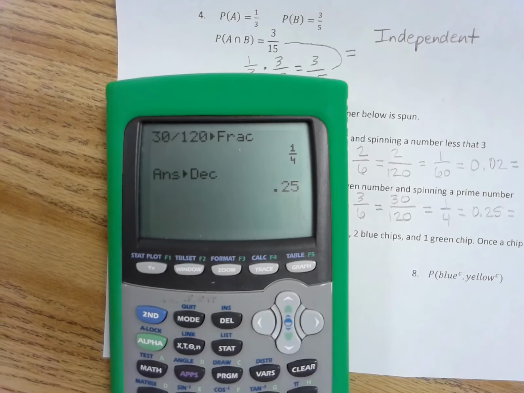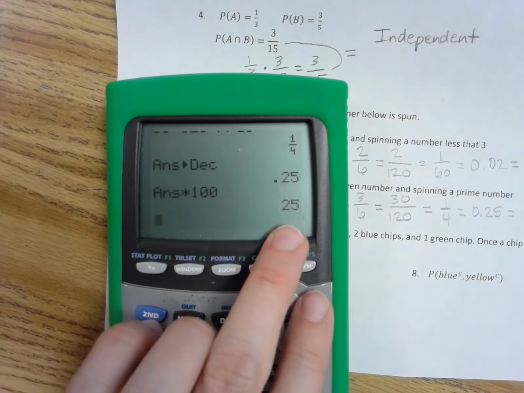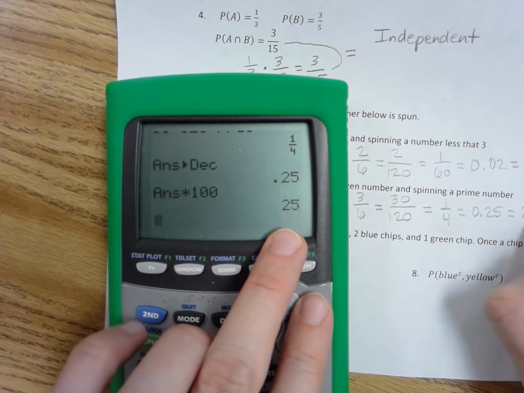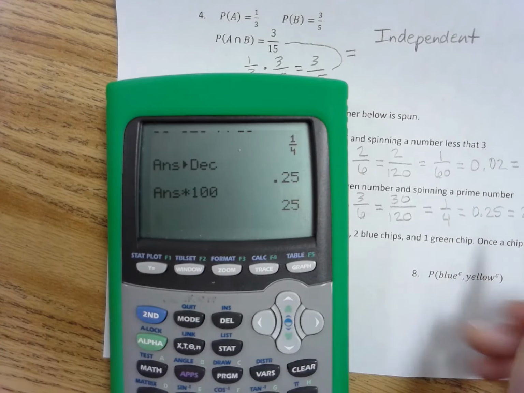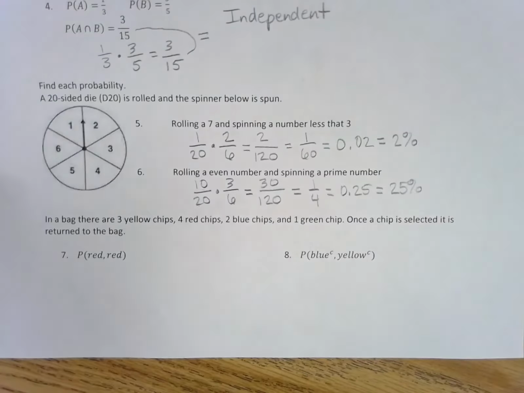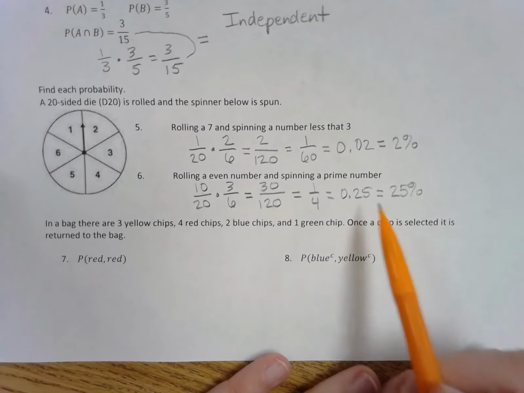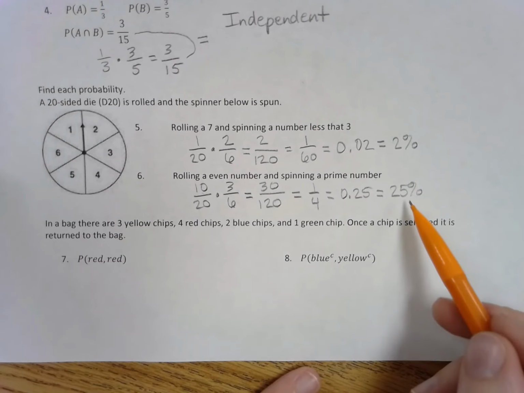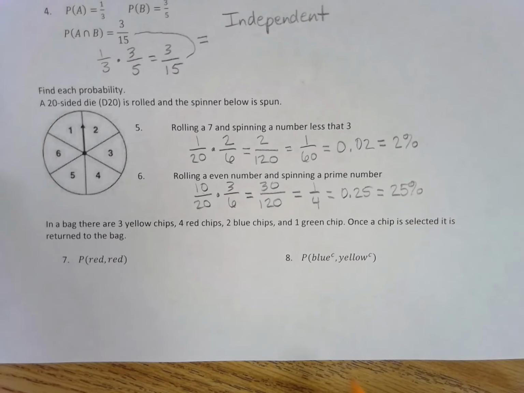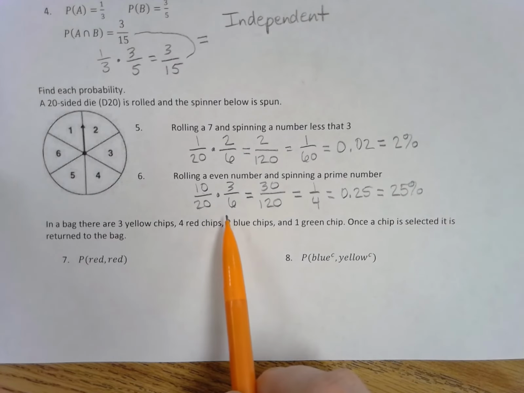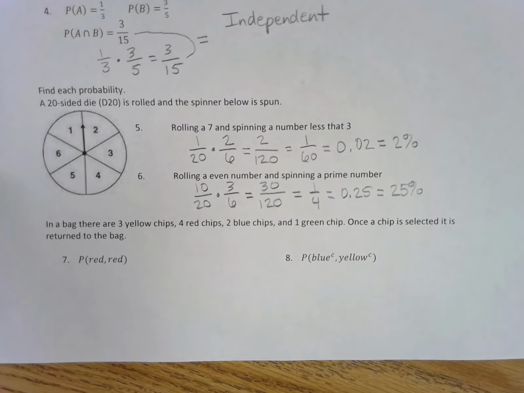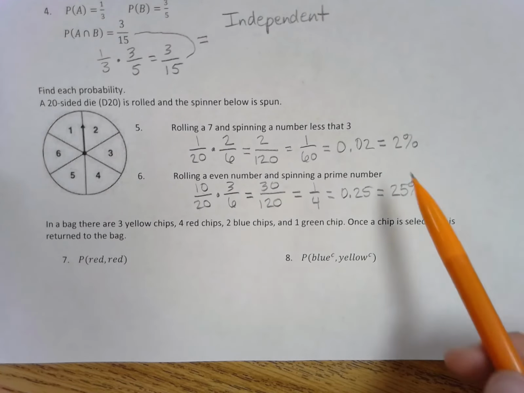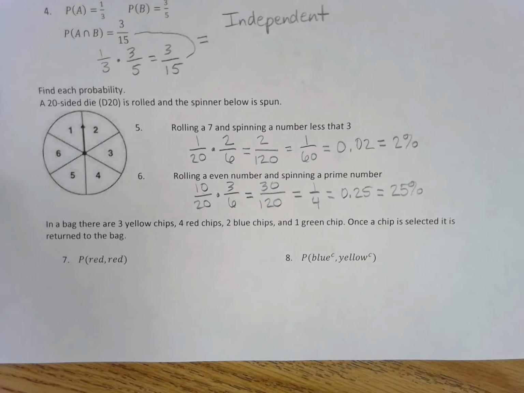Once you have that decimal, you can say times 100 to get the percent. So it's 25%, or if you know to move the decimal, you can move the decimal 2 places. Just be careful on which direction you should be moving your decimal. So it is a 25% chance that you can roll an even number and spin a prime number. You have a 25% chance, so a little more likely than our previous example.